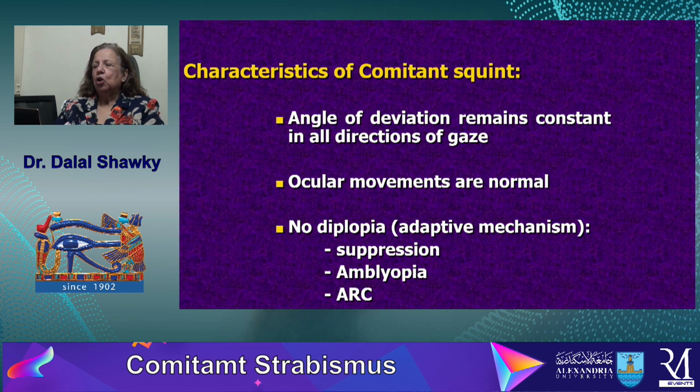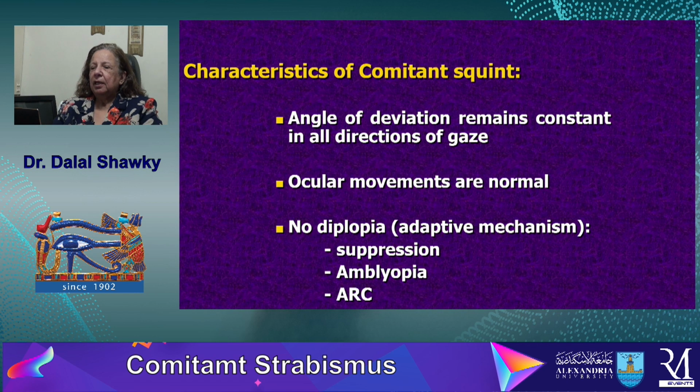Also, ocular movements are normal, adduction and abduction, while in paralytic squint, the ocular movements are defective. There is a defect of movement in the direction of action of the paralyzed muscle.